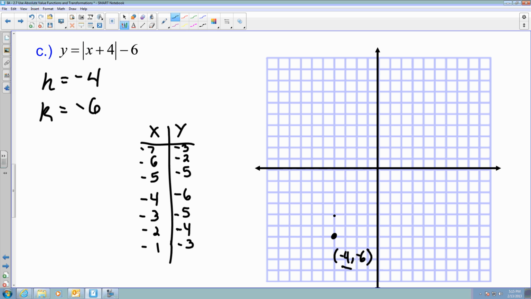So I can plot these points. So I got negative 7, so I got 1, 2, 3, 4, 5, 6, 7, and down 3, 1, 2, 3. Then negative 6 and negative 4, negative 5 and negative 5, and negative 4 and negative 6, which I already have, negative 3 and negative 5, negative 2 and negative 4, negative 1 and negative 3, and I can plot these points.